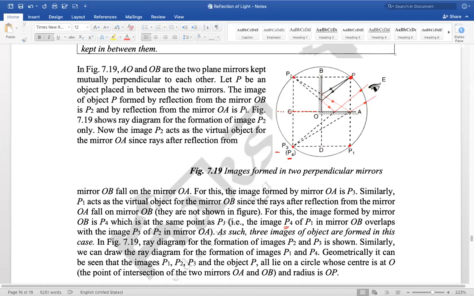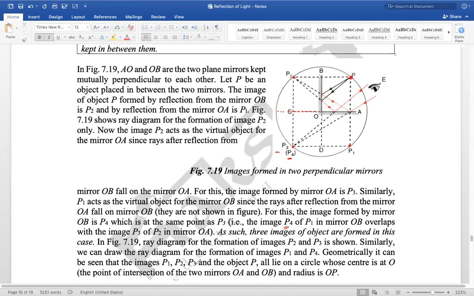Now, as such, three images of an object are formed. In this case, in figure 7.19, the ray diagram of the formation of images P2 and P3 is shown. Similarly, we can draw the ray diagram for the formation of images P1, P2, and P4. Right?